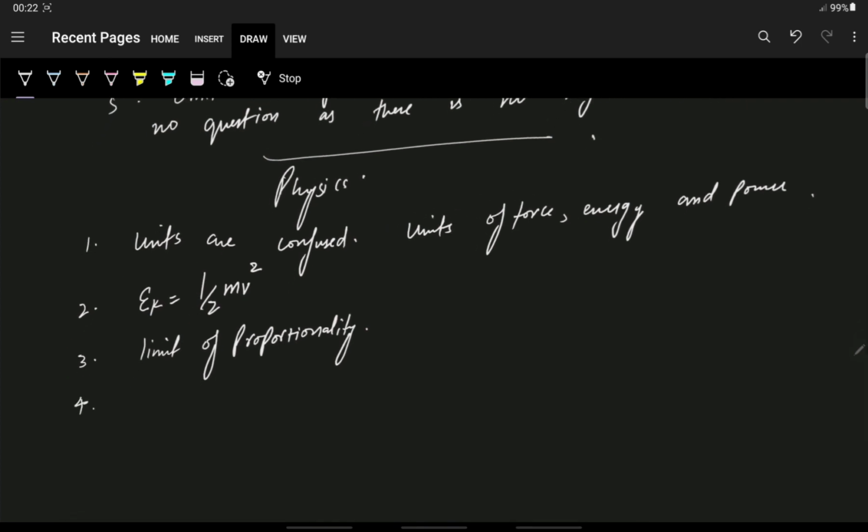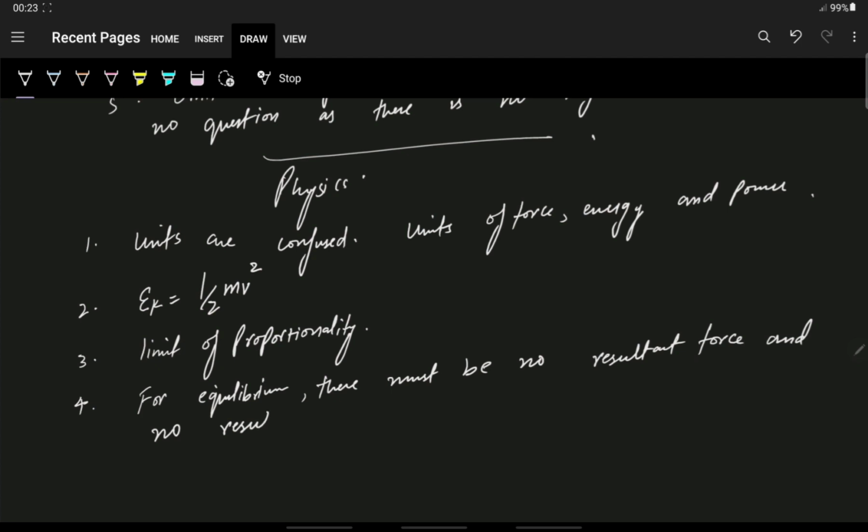Number 4, you should know that for equilibrium, there must be no resultant force and no resultant turning effect. If an object is in equilibrium, there must be no resultant force and no resultant turning effect.